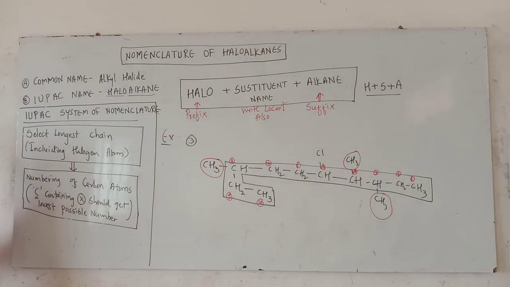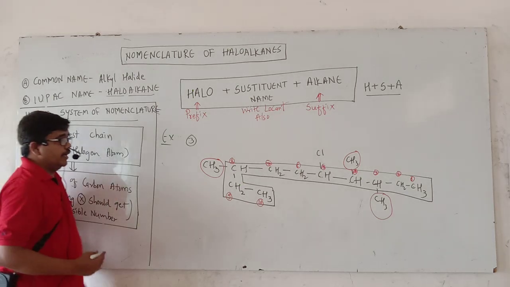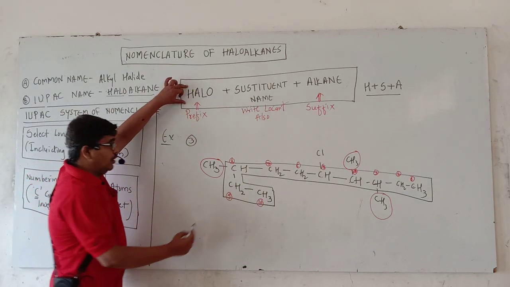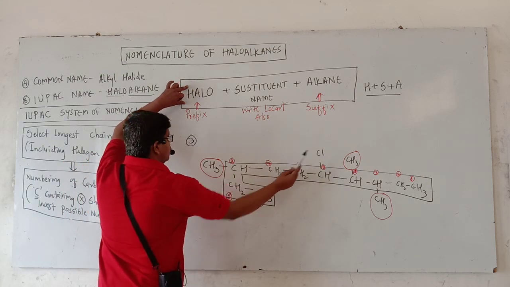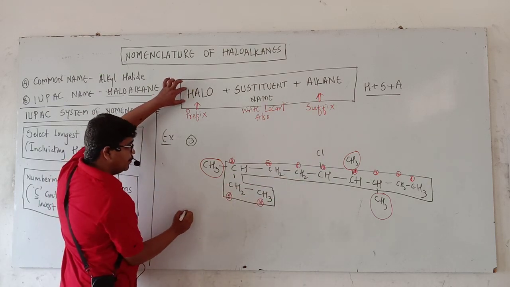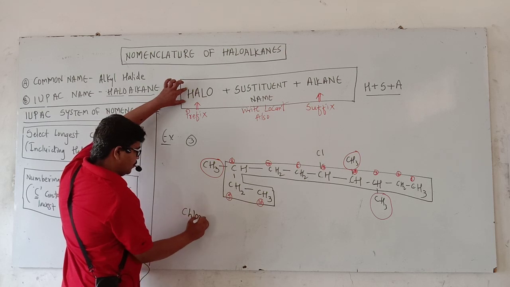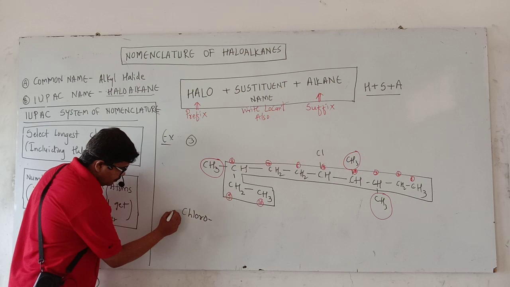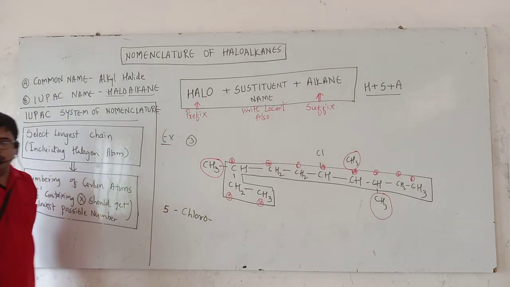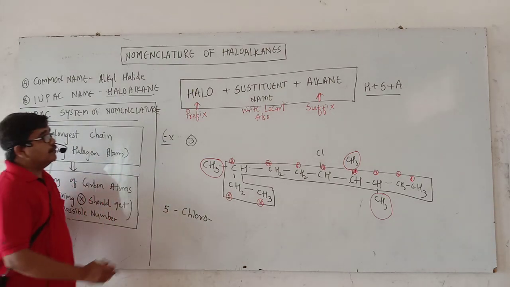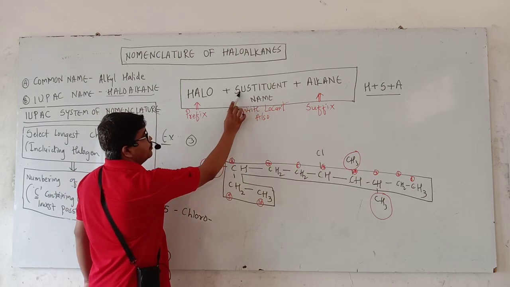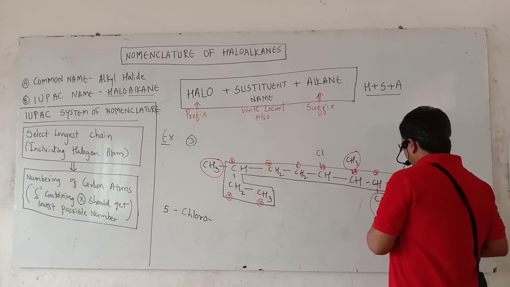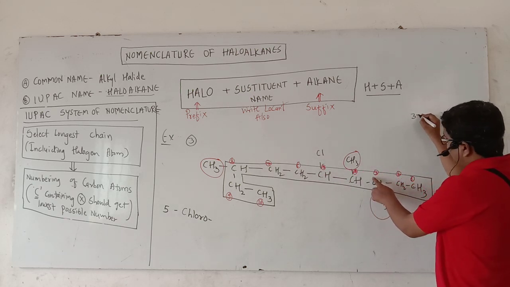Okay. What is next? We have to write the name in this format. Name of halo first. Halogen is Cl. So for Cl, halo will be chloro. And this Cl is attached to carbon number 5. So before chloro write 5. Then name of substituent. Now which are the substituents? See, to the carbon number 3, what is attached?